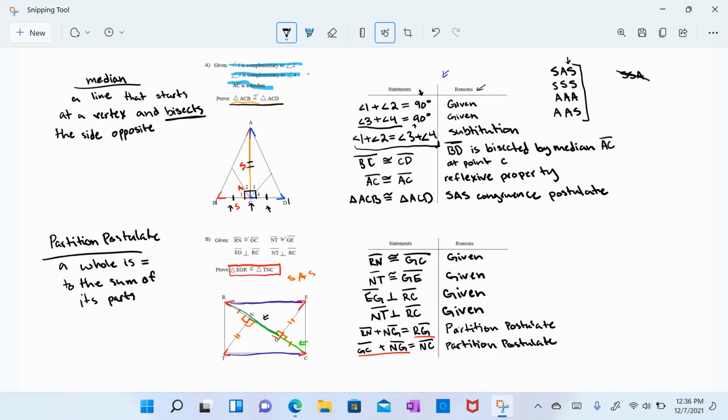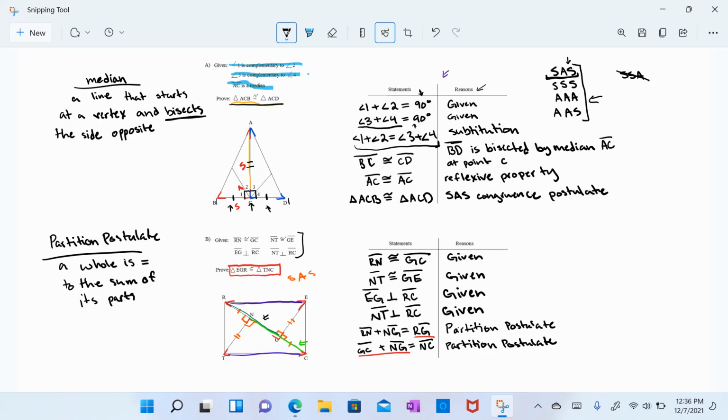A lot of times, like with this problem, you're going to already have from the beginning 2 sides or 2 angles that are already equal to each other. So then you'll already know which one of these to go for. Since we already had a side and an angle congruent from the beginning, we knew that we would try to prove this one because we were already given that information.